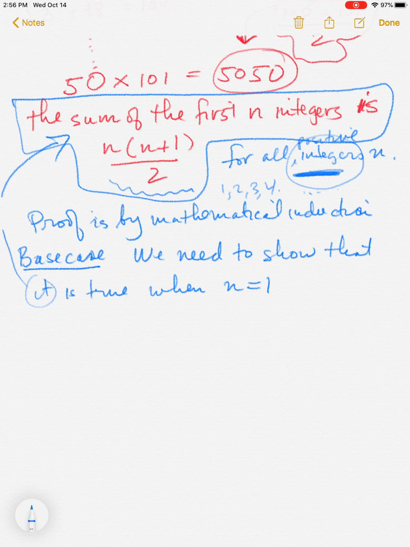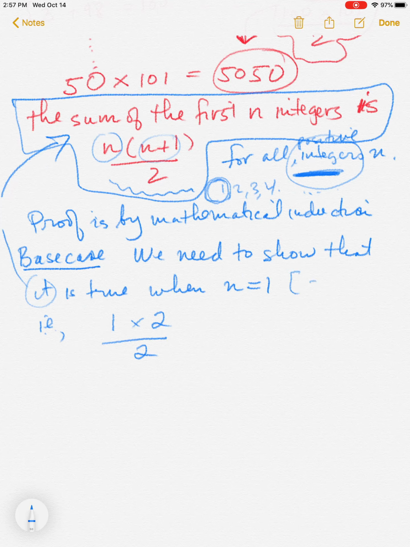And how are we going to show that? Well, what we need to show is that when n is 1, 1 times 1 plus 1, which is 2, over 2. Right? What is the sum of the first n integers when n equals 1?